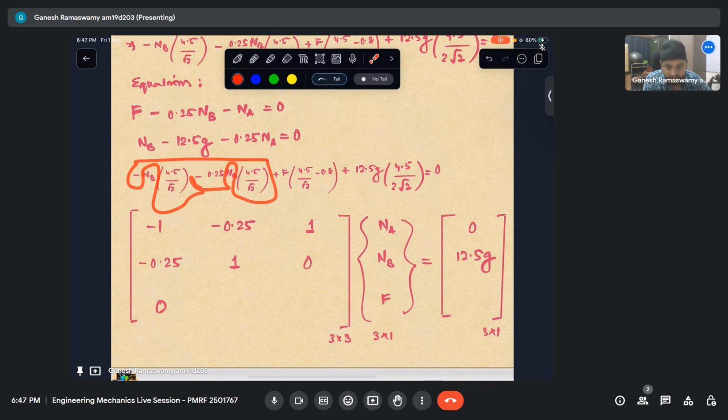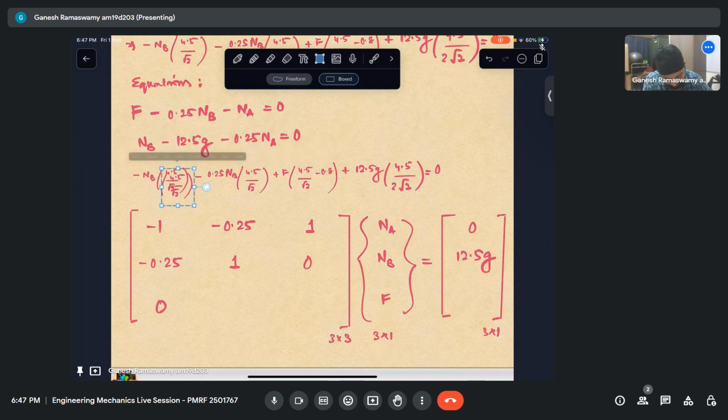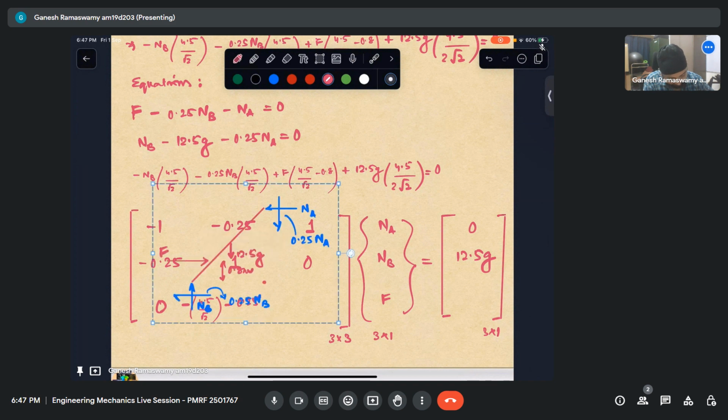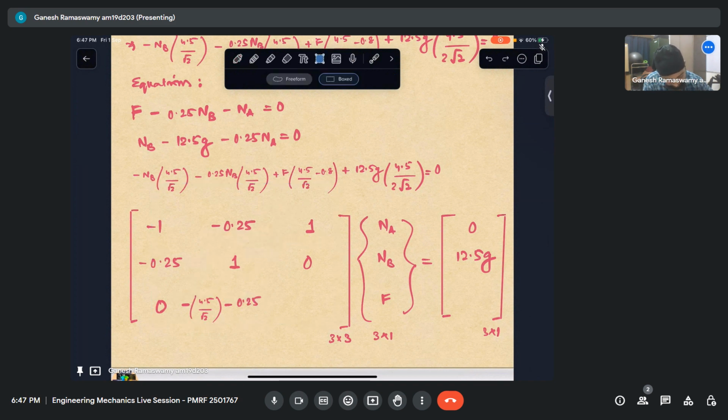Let us take it from here. I shouldn't forget the minus sign that was there. And then I have minus 0.25 into this thing again.